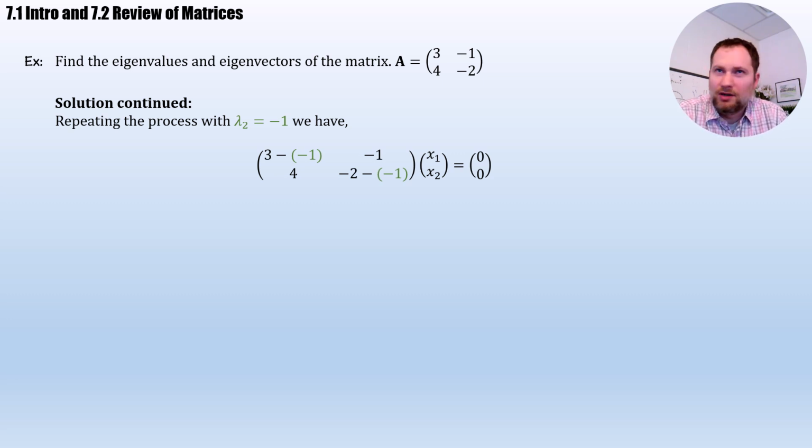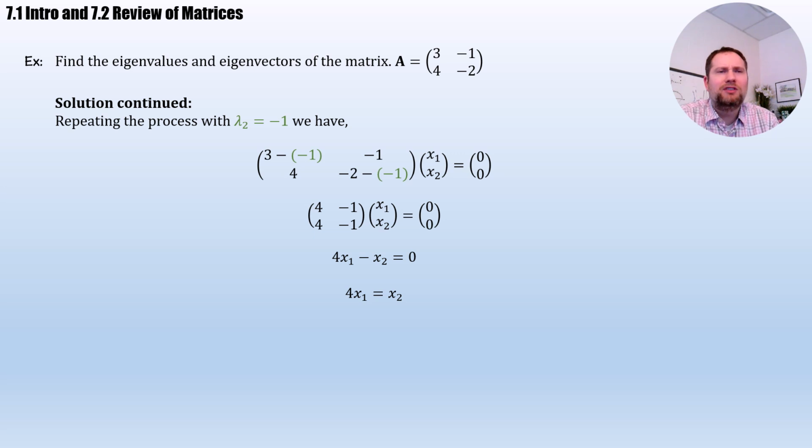So you're going to plug it in where lambda should go. Clean it up. Well, it's just obvious again that those two rows, it's not even sneaky at all, obviously give the same information. So multiply either one of those by our vector and you'll get this equation, which gives us again a relationship between x1 and x2.